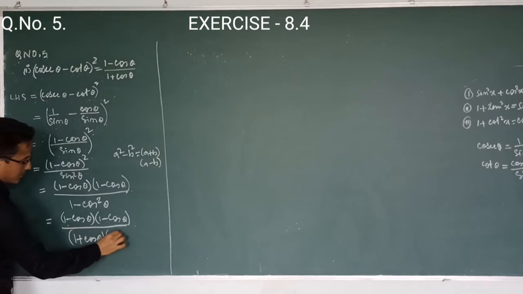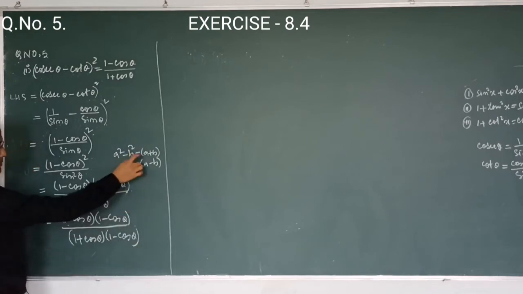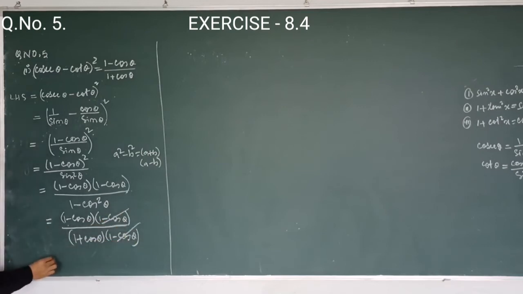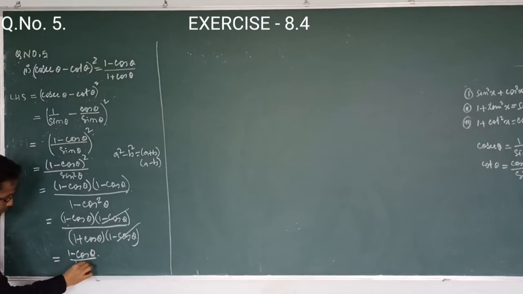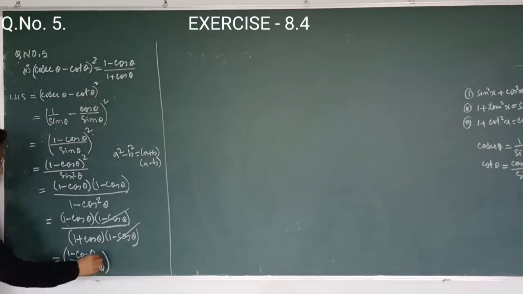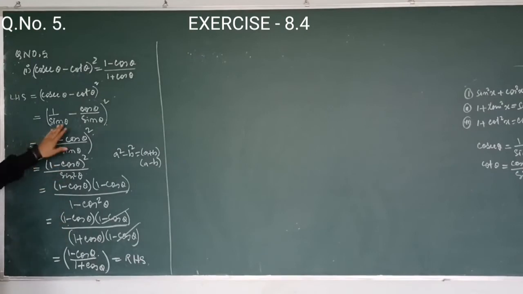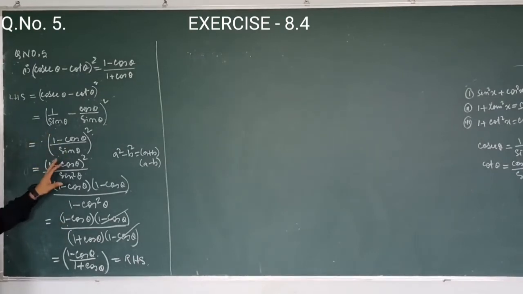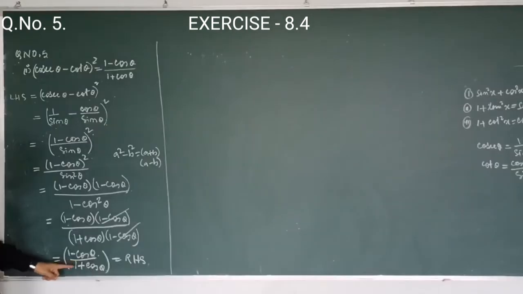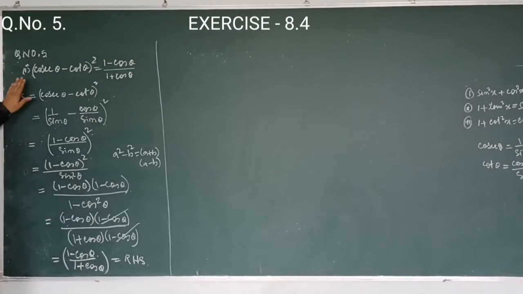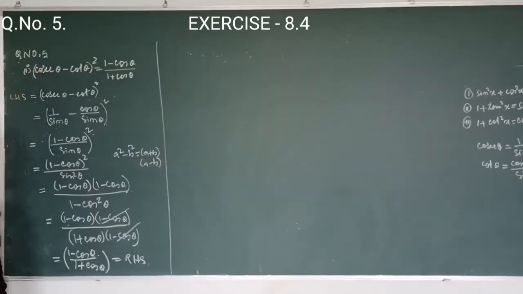This is our right hand side, so we get the proof. Simply using the formula and a little simplification, we get our result. This is Roman number 1 of question number 5.